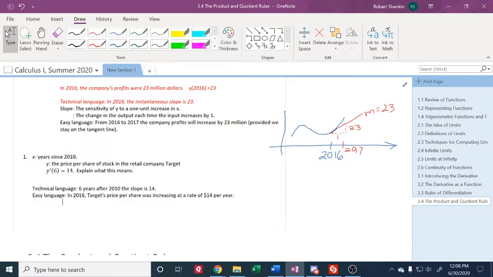And I'm going to do one more. From 2016 to 2017, because this is often what the derivative is used for, which is to predict the future. When people are wondering, should I buy stock in Target?